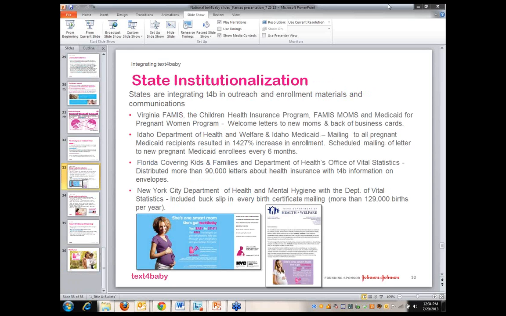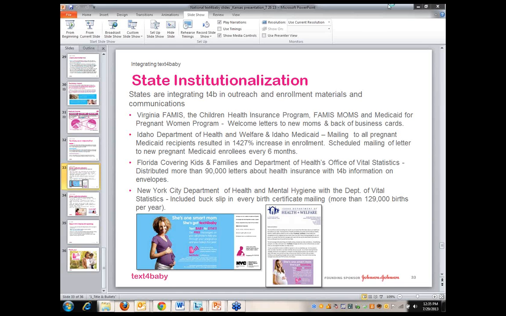And then just to wrap it up, I've mentioned a variety of ideas, and I know that in your proposals you included ideas around what you're going to be doing in your community, but just some other ways that on the national level, state level, local level, our partners have had a lot of success. So here's some really great ideas that they've integrated in the work that they've been doing.